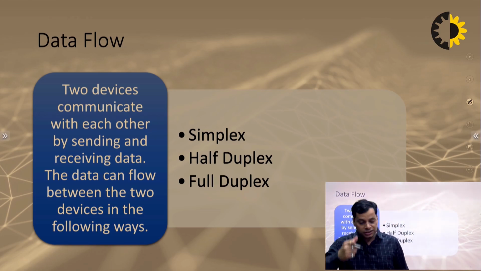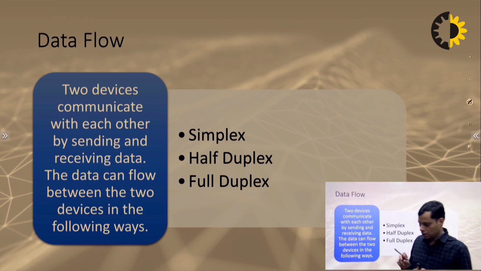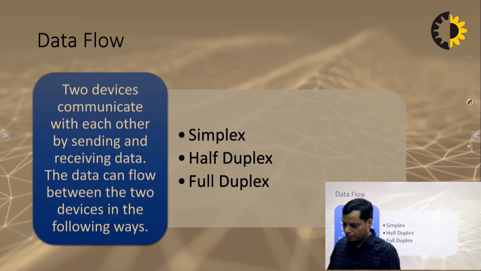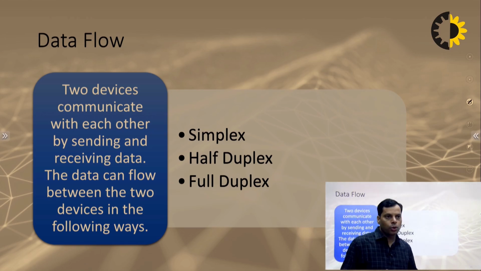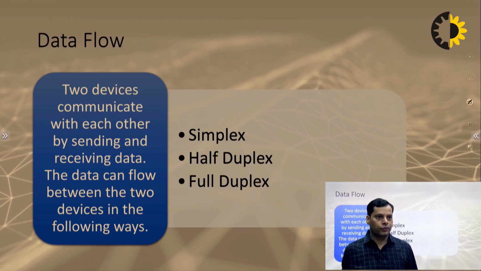Now, we have already discussed that data may be in the form of numbers, text, images, video, audio, etc. But how could it move, how should it flow through the medium?